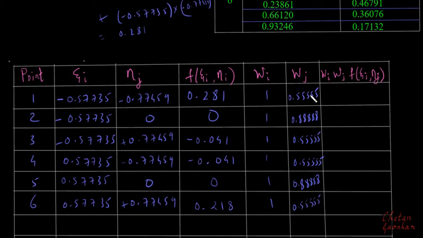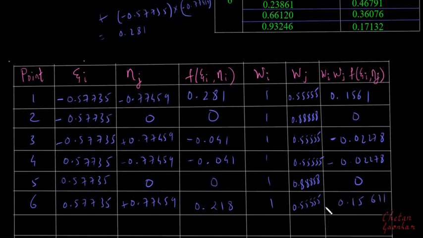And then finally here I want the multiplication of all these three quantities, and if I multiply them up, you can try it. This value will be 0.1561, this value will be 0 because this value is 0, then this value will be minus 0.02278, then this value, if I multiply all these three, will be minus again 0.02278, this value will be 0, and finally this value I'll get as 0.15611.